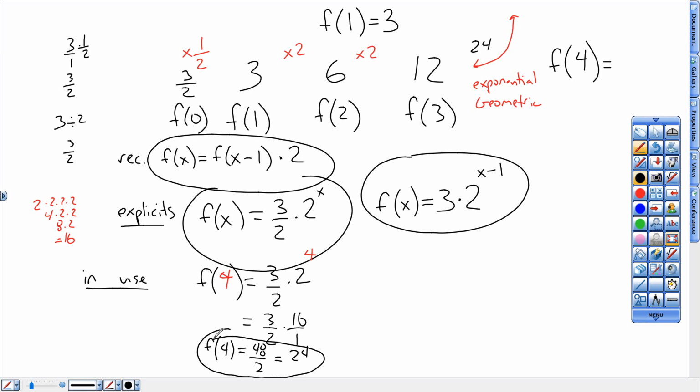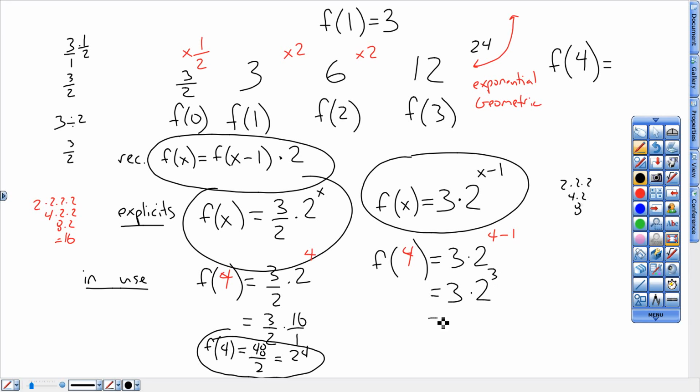All right, the other one should give you that same 24 if I plug in 4 right here. So plugging in 4, this has 3 times 2 to the 4th. Oh, I'm sorry, not 4. 4 minus 1 power gives me 3 times 2 to the 3rd. 2 to the 3rd, you're timesing 4 times 2, that gives me 8.